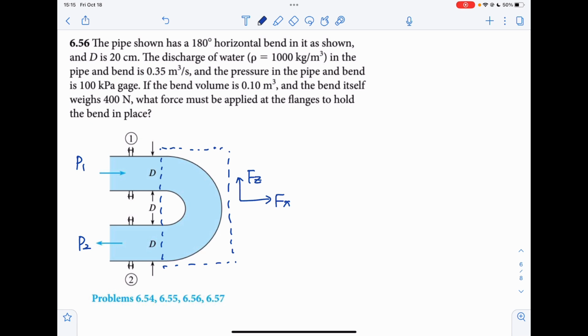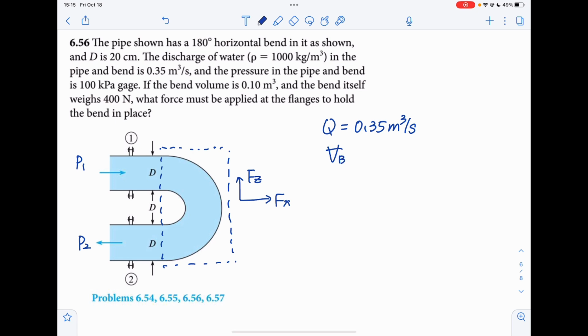The Q here is 0.35 cubic meters per second. The volume of the bend is 0.1 cubic meters, and the weight of the bend itself is 400 Newtons.